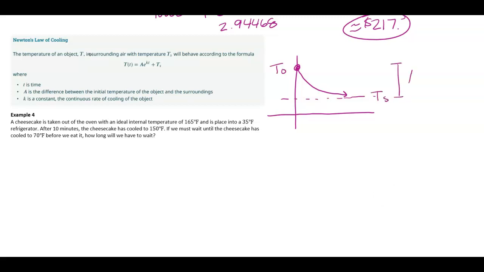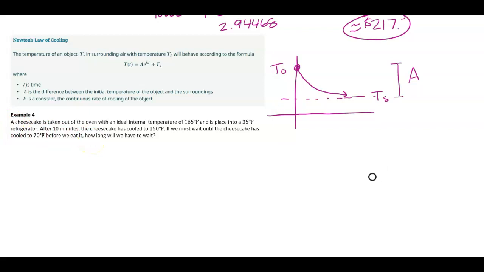That distance there is your A value. We can set this up and solve for k and find a cooling situation, which is very interesting. So we have a cheesecake. After 10 minutes, we know how much it's cooled. We have an additional temperature, and then it's placed into a fridge.